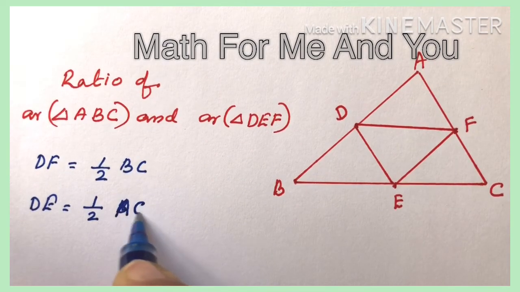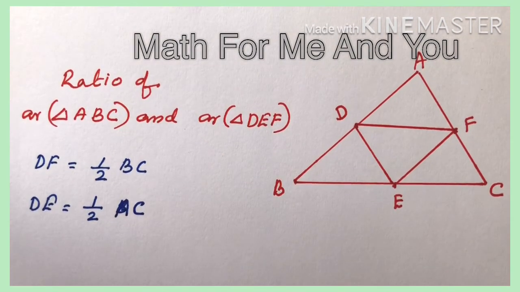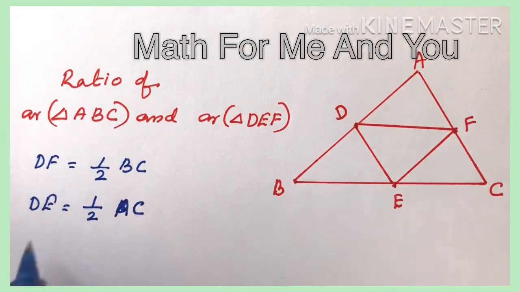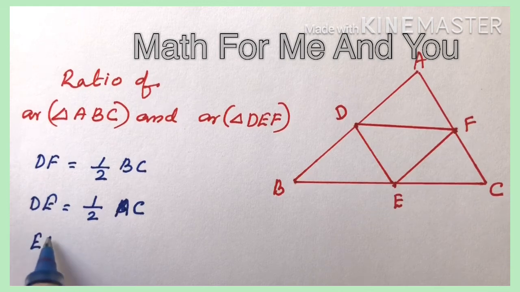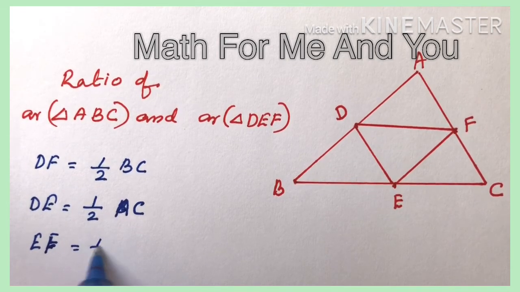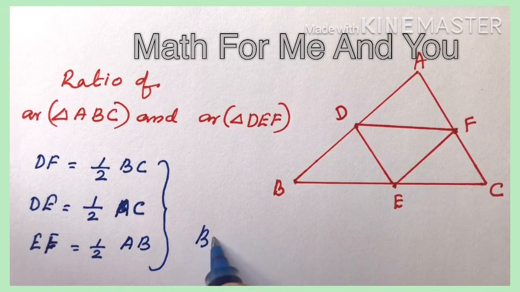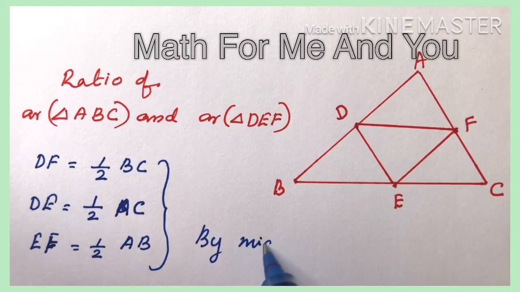And next one, EF is equal to half of AB. These results we get by the midpoint theorem.